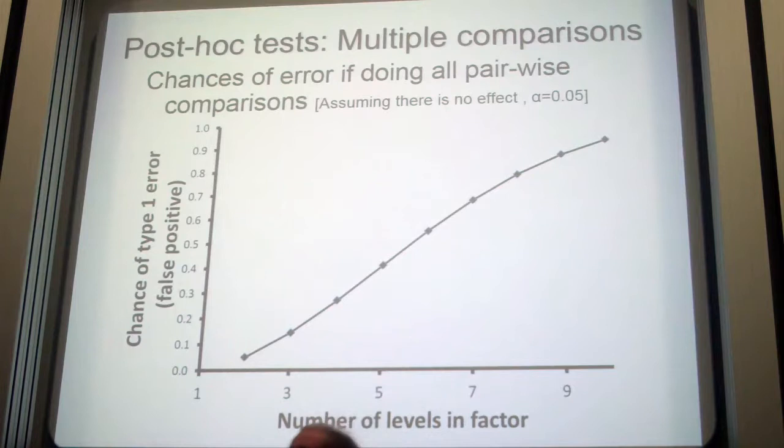Now those are very different from the alpha level of 0.05. As you can see, if you've got 5 or 6, you've got a 50% chance or thereabouts of detecting a difference between a pair of means that is not really there. So we need to do something about that problem. We need to control for the problem of doing multiple comparisons.